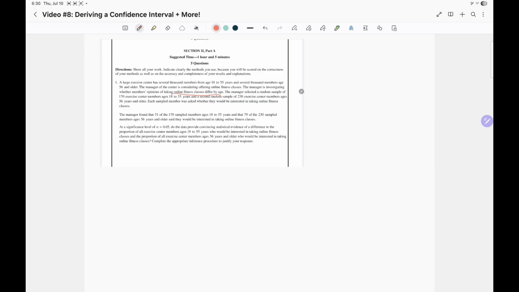At a significance level of alpha equals 0.05, this is important, by the way, do the data provide convincing statistical evidence of a difference in the proportion for the younger group and the proportion for the older group who would be interested in taking online fitness classes? So that just gives you the exact language. They're talking about proportions here.